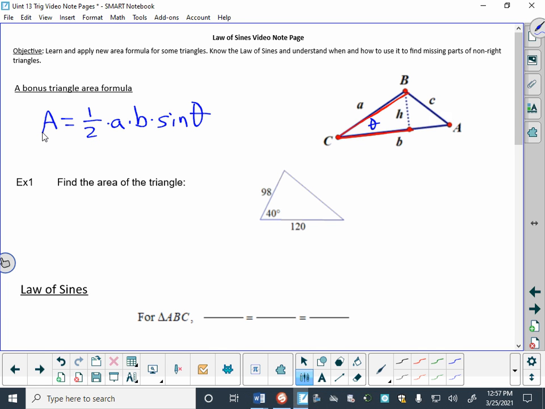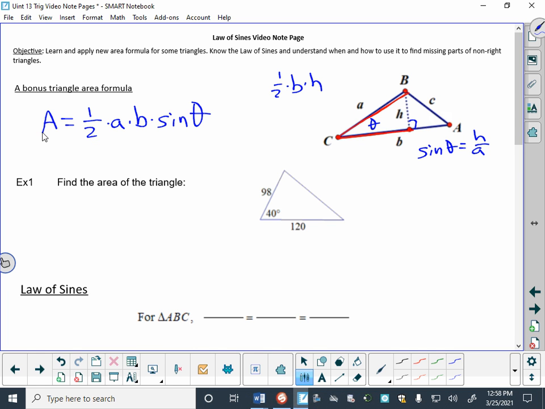Normally our formula for the area of a triangle is 1/2 times base times height. We have the height marked in here, but when we draw that height, we actually get a right triangle. If we know side A, which is the hypotenuse, and H, which is the opposite side, then we can say that sine theta is equal to the opposite over the hypotenuse.